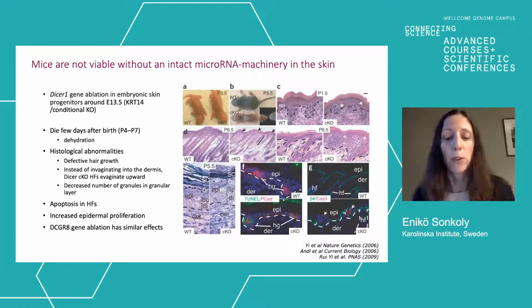And it is also possible that some effects were not detected, because if you think about it, some microRNAs can increase proliferation and some can inhibit it. If you delete both of them, maybe you don't even see any difference. So the next step was to find out what happens if individual microRNAs are deleted.